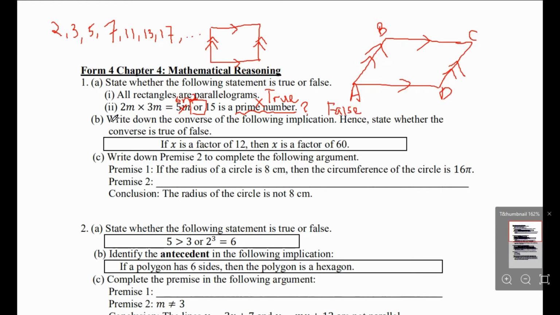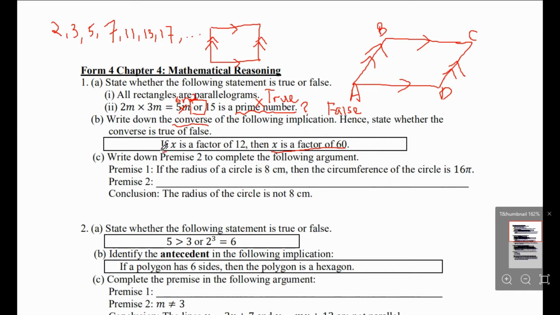B. Write down the converse of the following implication. Hence, state whether the converse is true or false. Converse means terbalik, reversed. Okay, so we have to reverse the statement. So if x is a factor of 12, then x is a factor of 60. So the converse will be, okay, we reverse them. If x is a factor of 60 first, then x is a factor of 12.